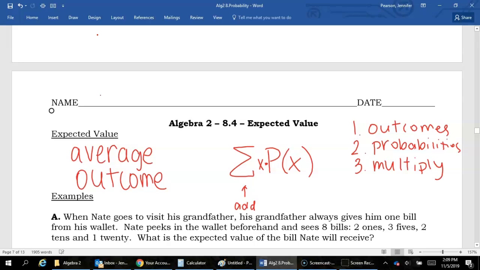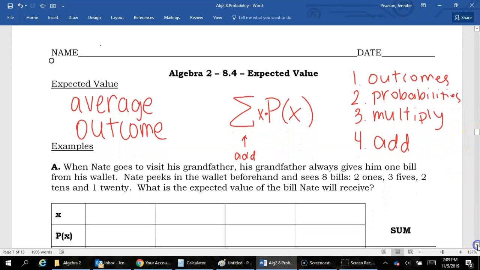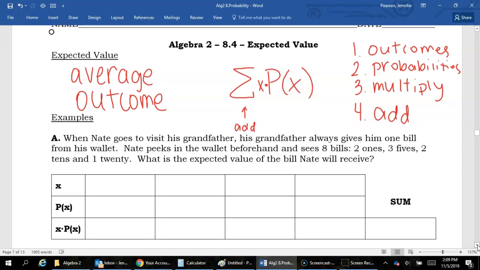And lastly, add them up. The table on example A has the top row where we can list all the possibilities, the middle row where we can list all the probabilities, the bottom row where we multiply each of those, and then finally the sum to add them up.